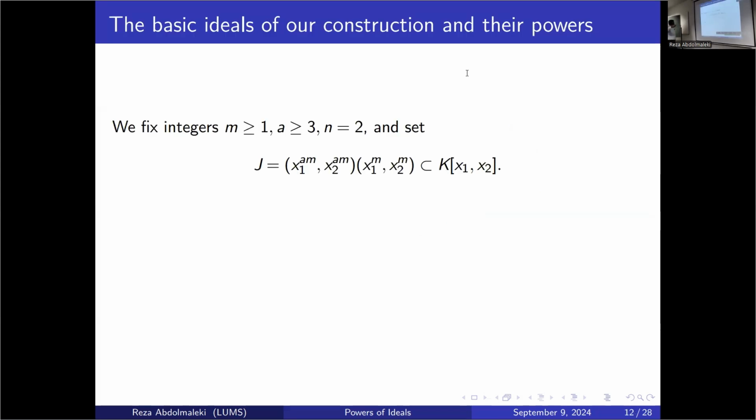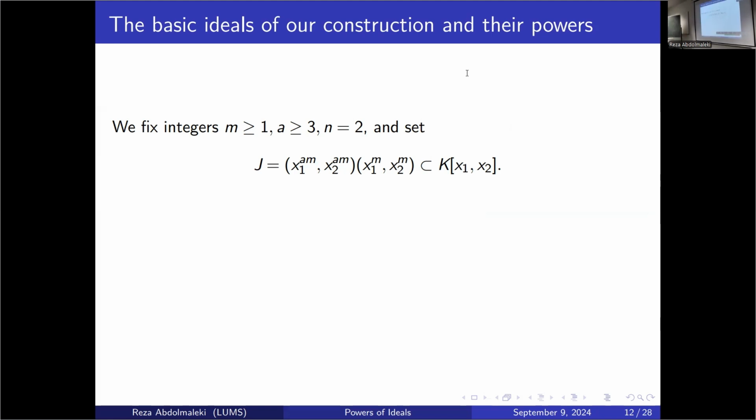Let's do some construction. We fix some integers: an integer n, which is at least 1, a at least 3, and we set n to be 2. That means the number of variables is 2, right? And we consider this ideal.